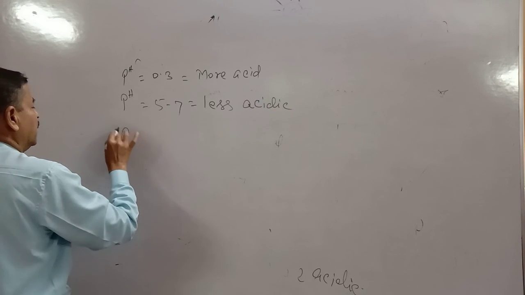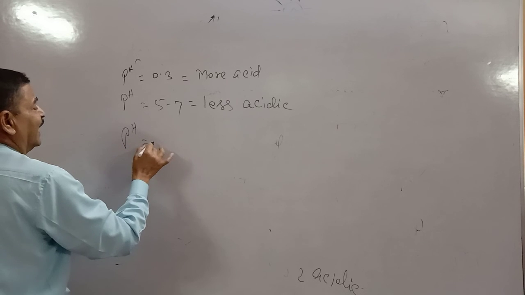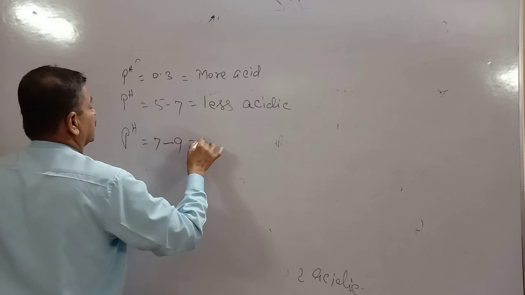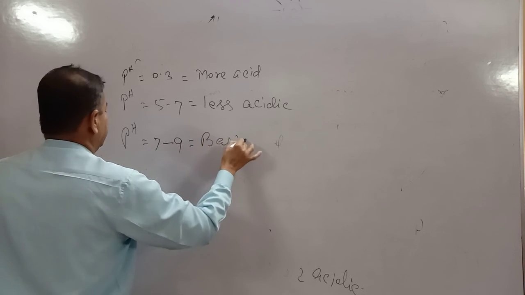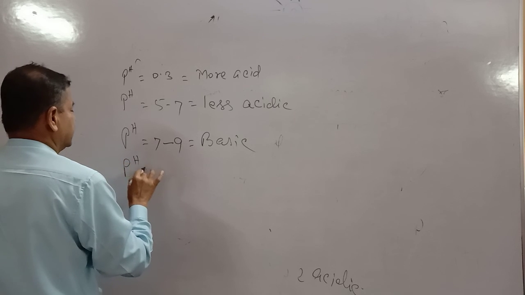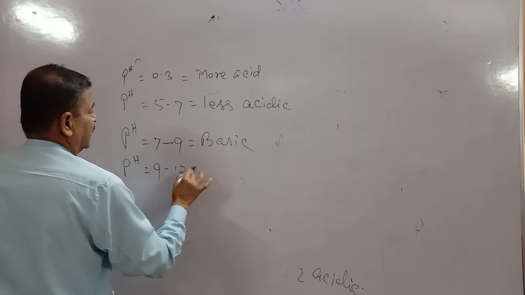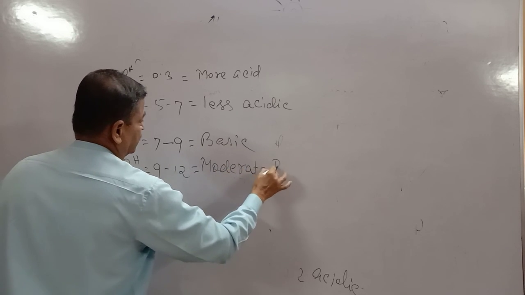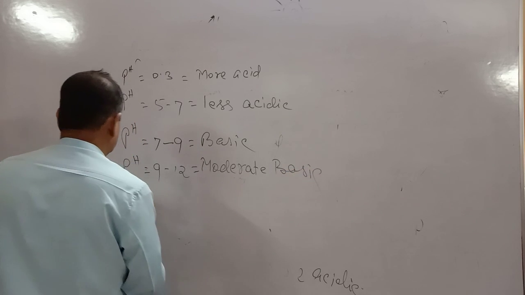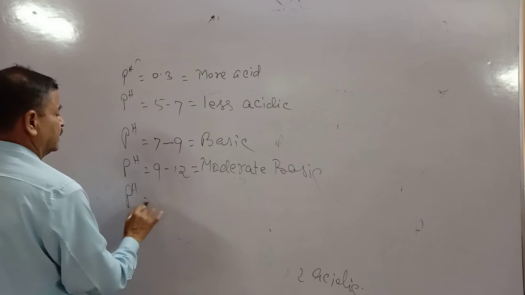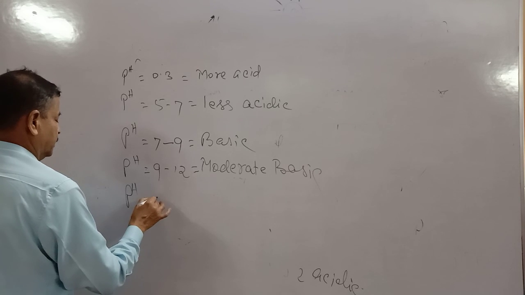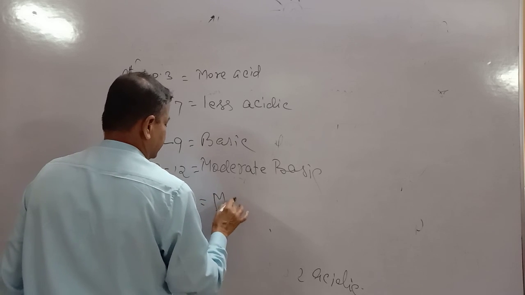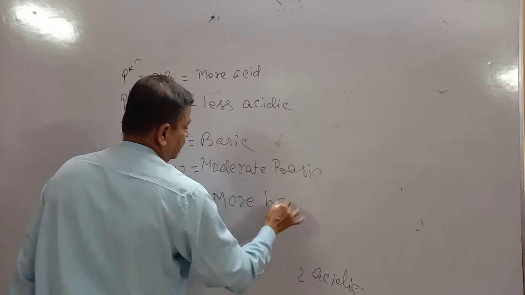Similarly, if the pH of a solution is 7 to 9, that is basic, and if the pH is 9 to 12, it is moderately basic, and if the pH is 12 to 14, that is called more basic.